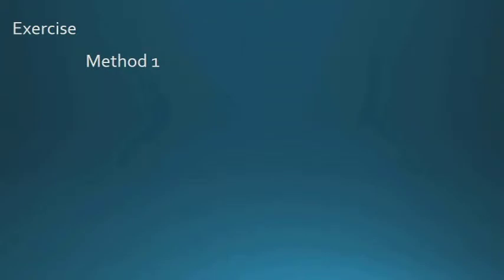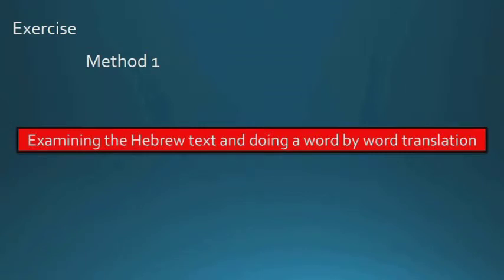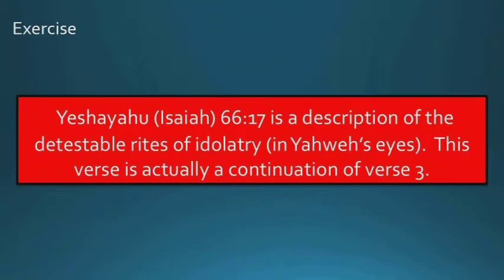Method 1. Method 1 is examining the Hebrew text, and we're going to do a word-by-word translation. In Yeshayahu 66:17, we find that it is a description of the detestable rites of idolatry. Now this verse turns out to actually be a continuation of verse 3.